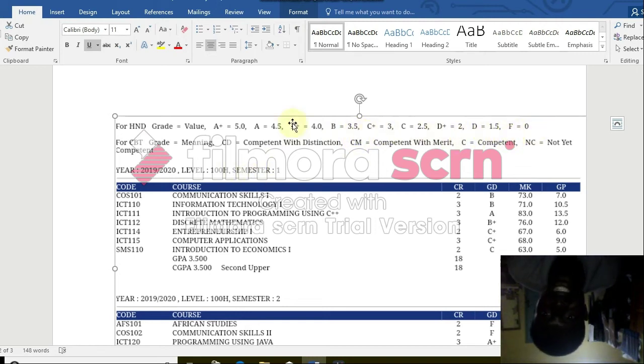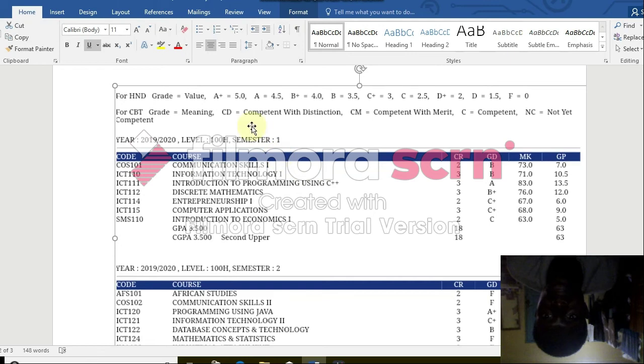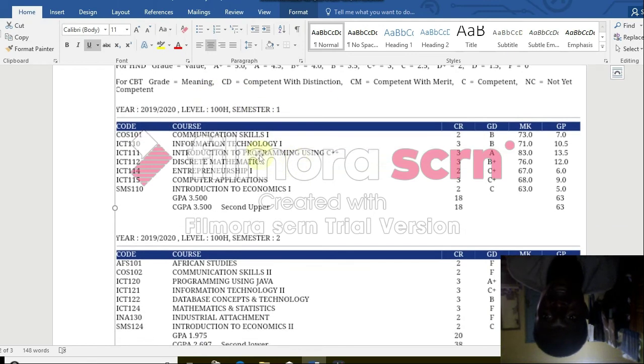Okay, so that is the grade value, the value you get for every grade. It's like a point or a number that is given to every grade. So if you have B, you are going to get a value of 3.5. So that is the grade value. Let's move forward.